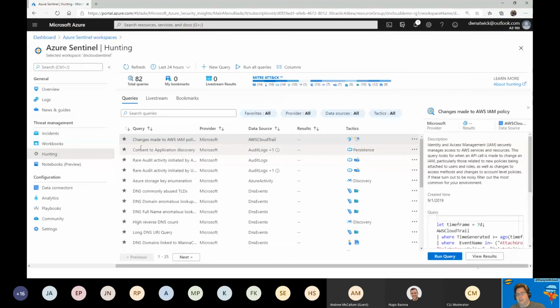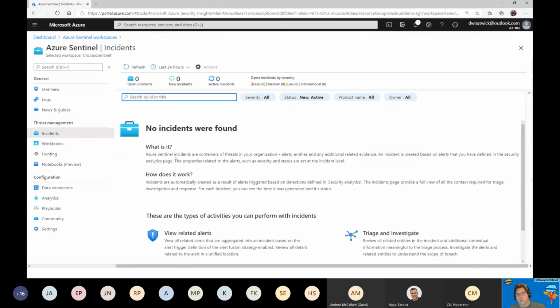If I had any users here, I could assign those incidents to specific users within the security team, and then they can investigate and close out those incidents. So they work together. You wouldn't use one versus the other.